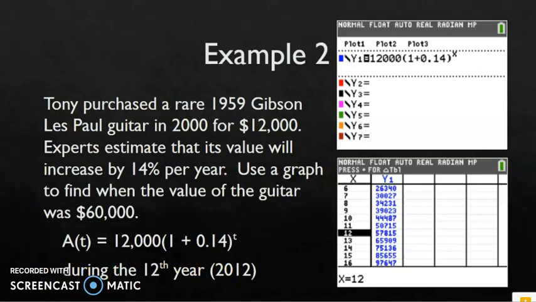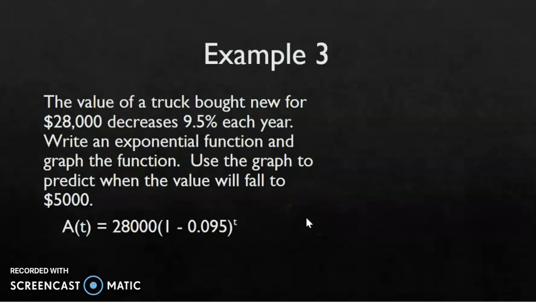Let's take a look at another example very similar to this one. In example 3, it says the value of a truck bought new for $28,000 decreases 9.5% each year. Write an exponential function and graph the function. Use the graph to predict when the value will fall to $5,000.